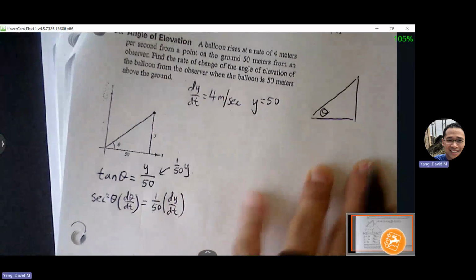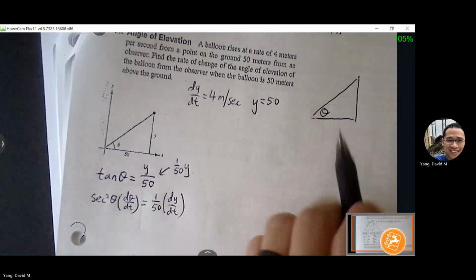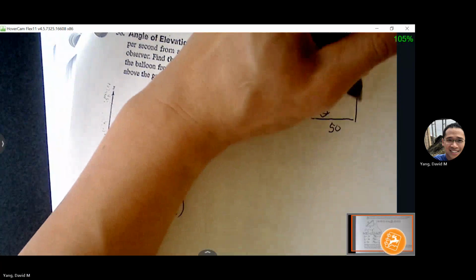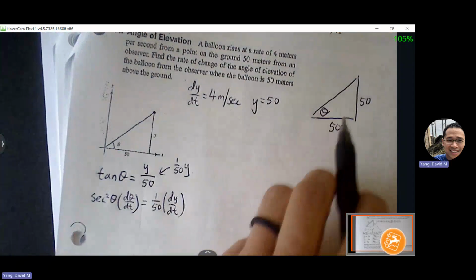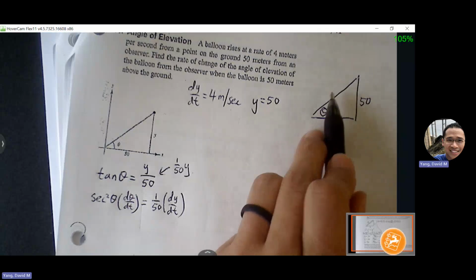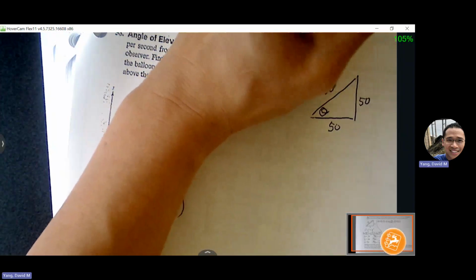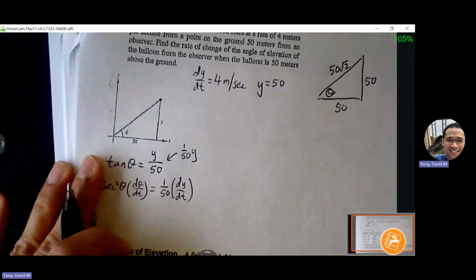Okay. What can we fill in for this triangle for this moment in time? 50 and 50. Pythagorean theorem, a squared plus b squared equals c squared. If you also recognize this as a 45, 45, 90 triangle, which is a little bit of a shortcut, we can say this must be 50 root 2. But you can also figure that out using Pythagorean theorem.